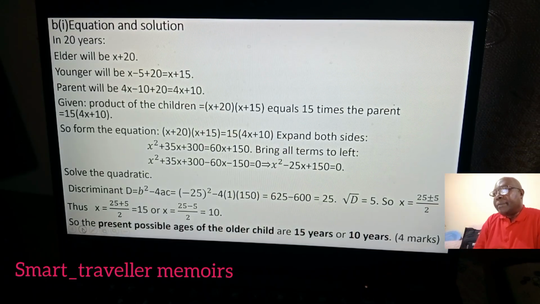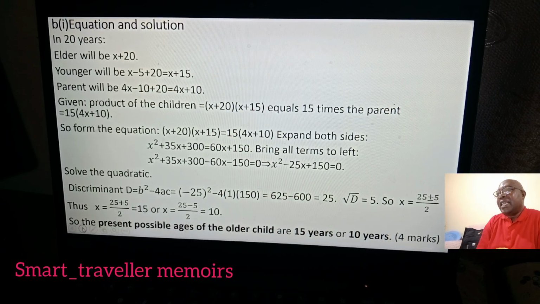B (i), equation and solution. In 20 years, the elder will be x plus 20. The younger will be x minus 5 plus 20, which simplifies to x plus 15.